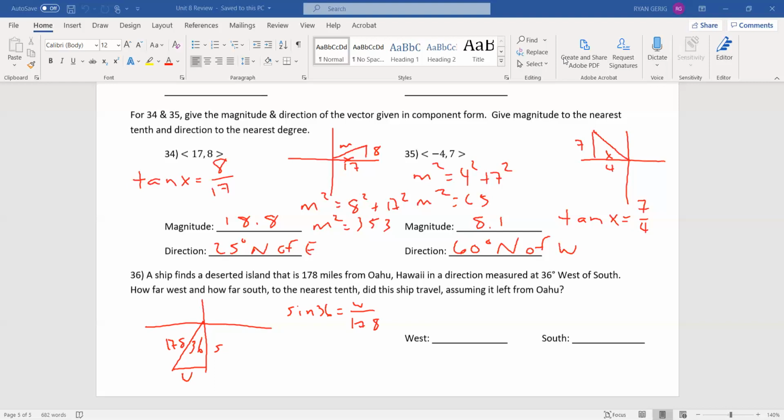Get 104.6 miles. And then how far south? That's going to be the cosine of 36. So 178 cosine of 36 finishes it up.